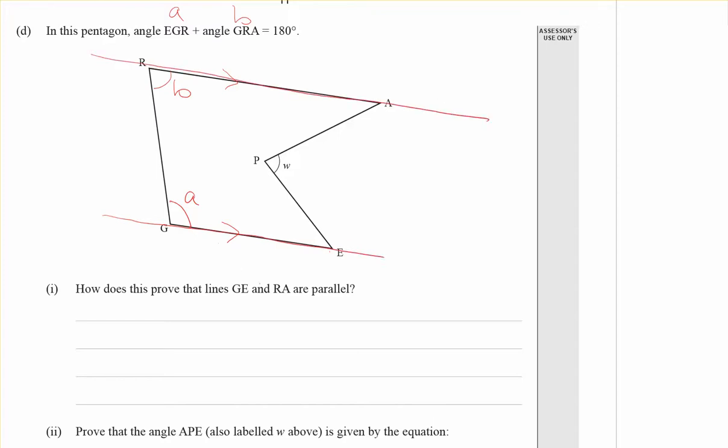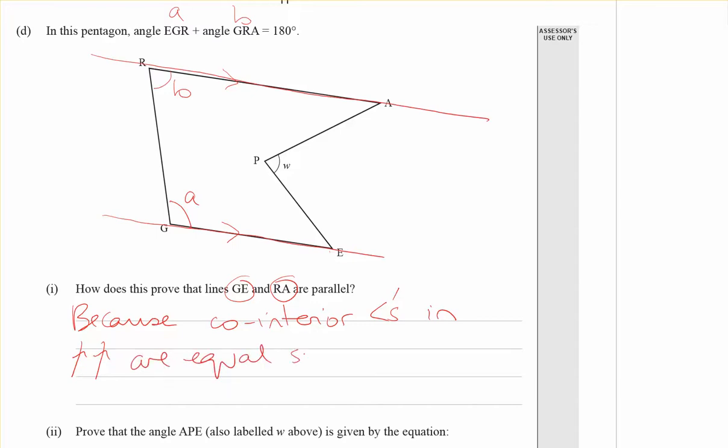So proving that line GE and RA are parallel, because co-interior angles in parallel lines are equal. So GE and RA are parallel.